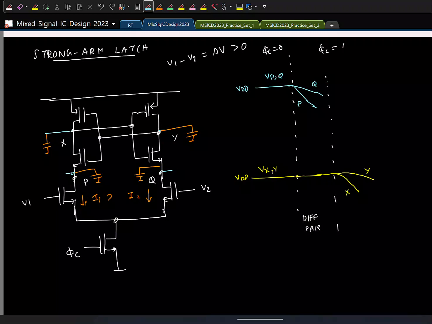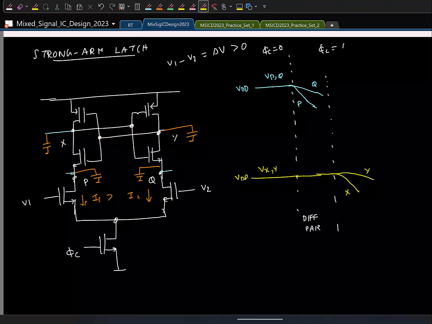right? And once X and Y start to drop, what will happen to the PMOS transistors? Let's say in this case NMOS was on, right? And this was still at VDD initially. The PMOS transistors, were they on or off? Off, right? And once X and Y start to drop, then the gate voltages for the PMOS are dropping, so they will start to turn on.